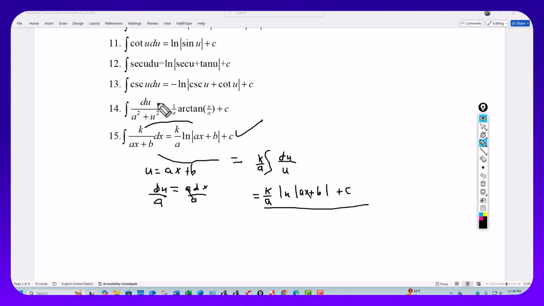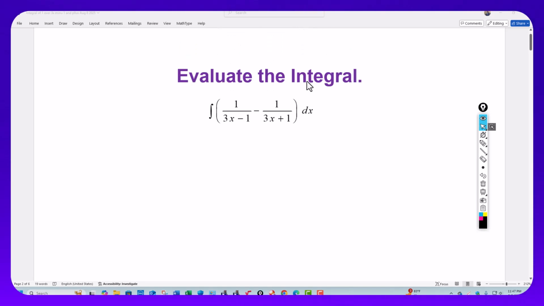And all of these formulas can be derived. Some will involve a trig substitution, maybe integration by parts, trig identities, and so forth. Anyway, that's the one we're going to use here. We could just go ahead and solve this problem using a U-substitution.